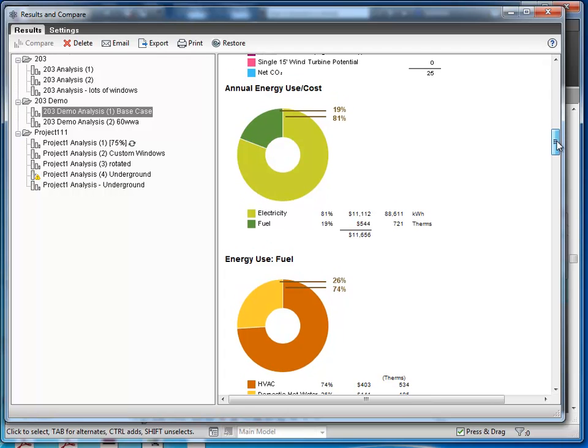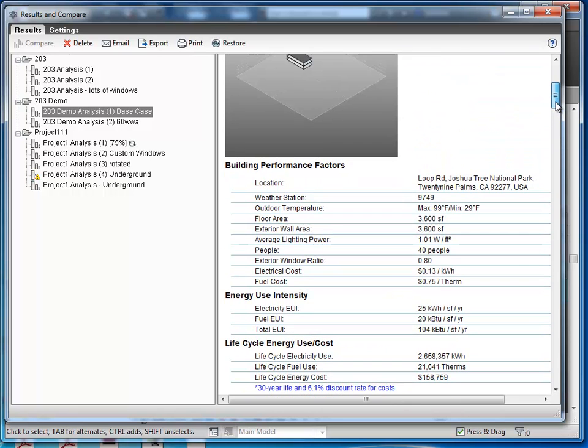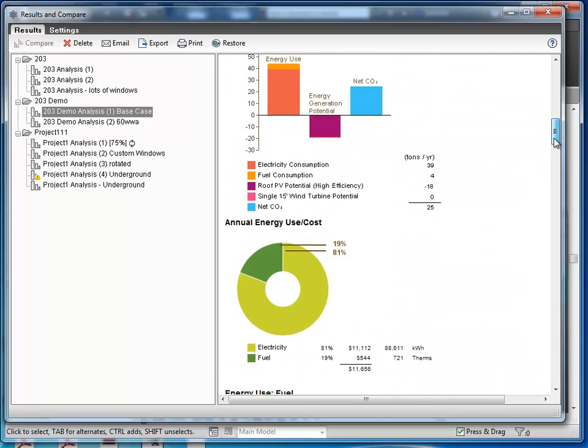This is kind of interesting. This shows you the difference between electricity and fuel. So as you can see, electricity is 81%, fuel is 19%. So again, the cooling demands are much greater.